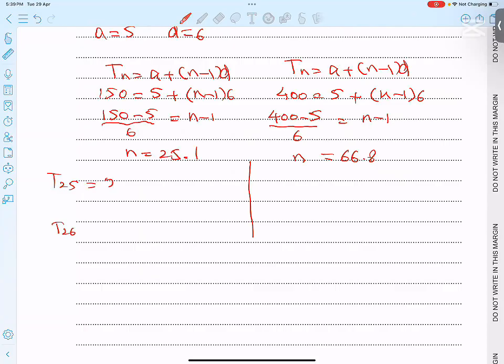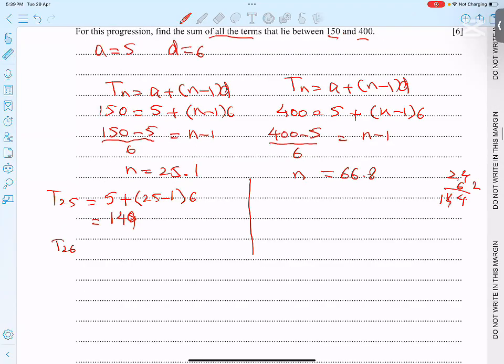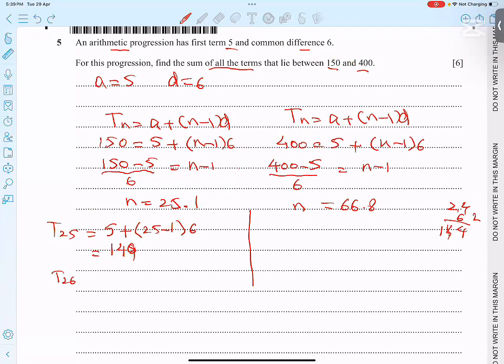So look at now, the 25th and 26th terms. Here a is 5, n minus 1 into d, this is 6. If I check this in the calculator, 6 times 24 is 144, plus 5, it is 149. But the thing is, this is 150.